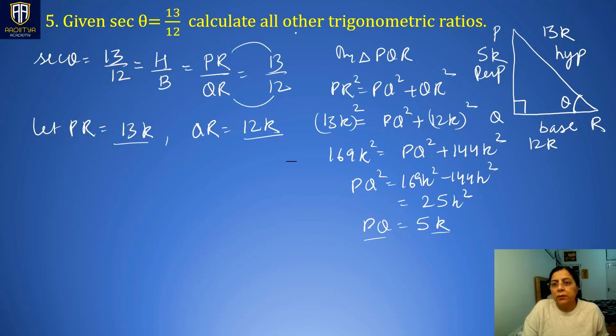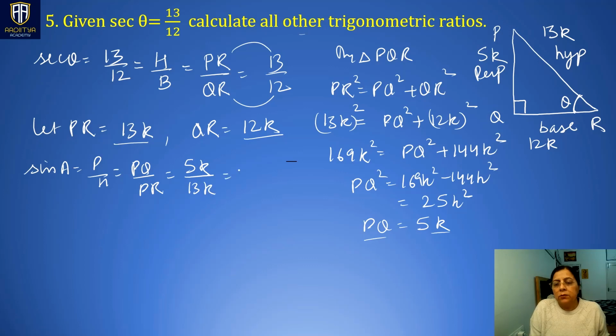Then we have to find all the trigonometric ratios. Now we go for sine of A, which is P by H. Perpendicular is PQ upon hypotenuse PR. PQ is 5K and PR is 13K. So we have 5 by 13. Next is cos of A, which is the ratio of base and hypotenuse.